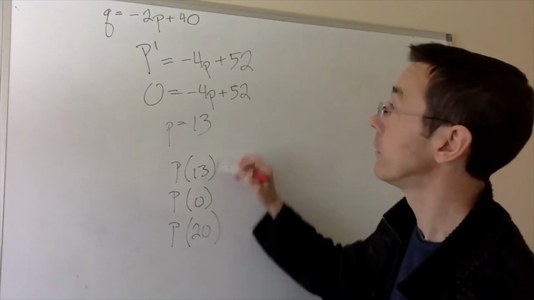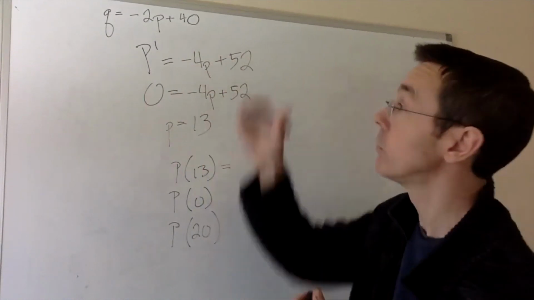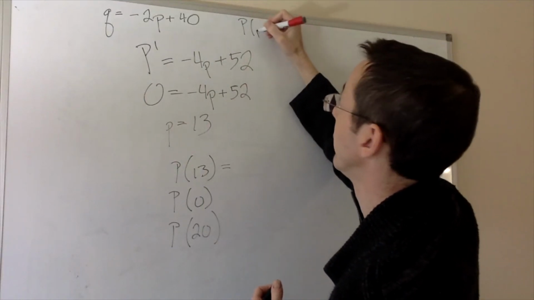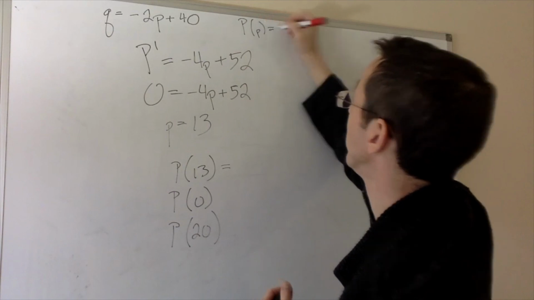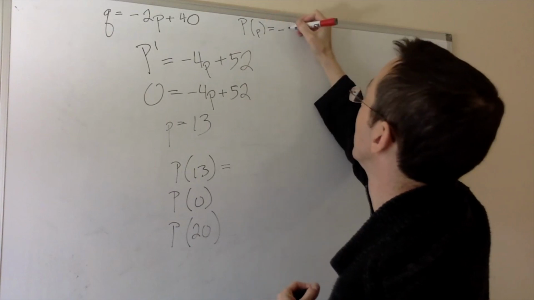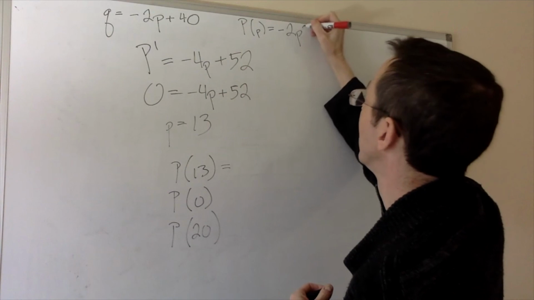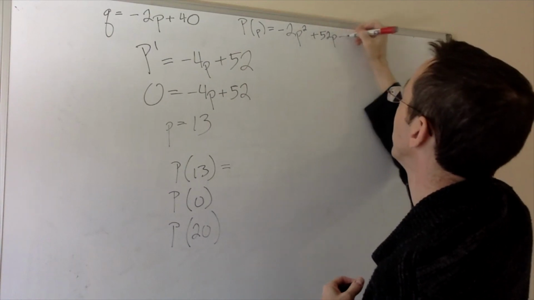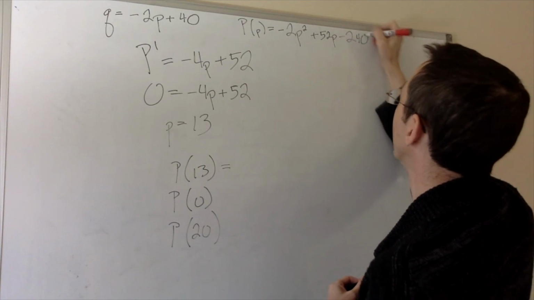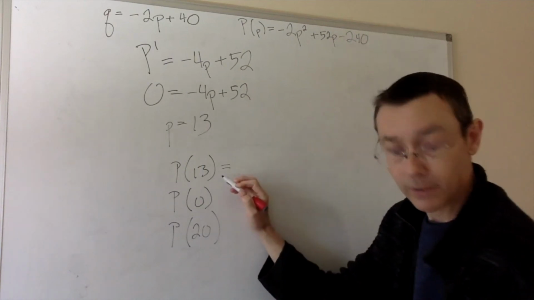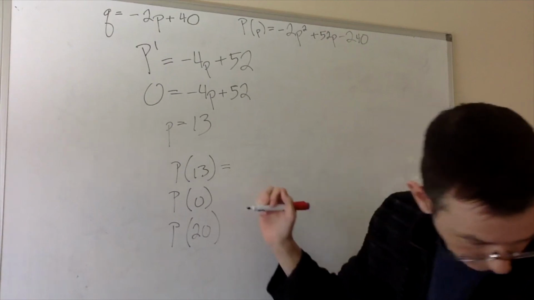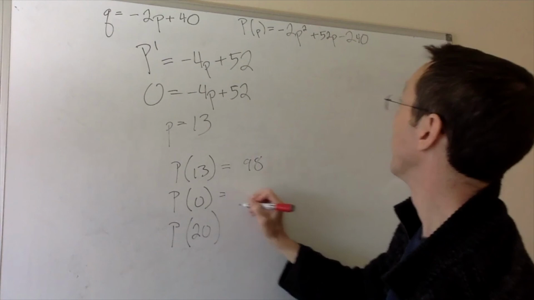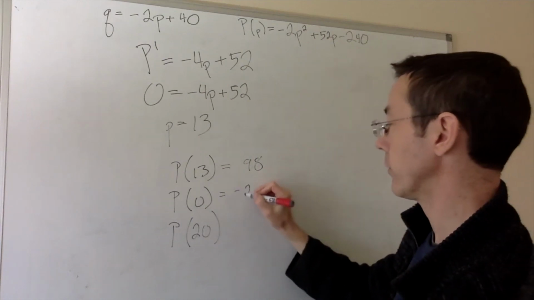So we take 13, we plug it back into the original profit function. Profit was, as a function of P, equal to negative 2P squared plus 52P minus 240. When I plug 13 into this, I get $98. When I plug 0 in, I get negative 240.